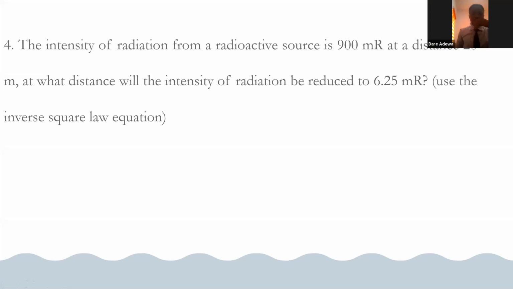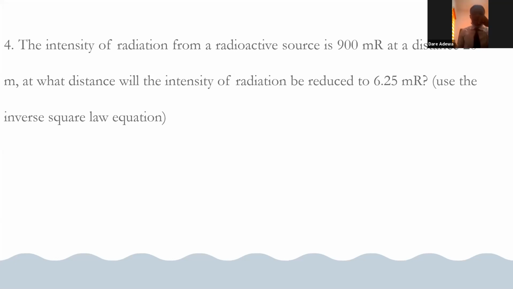We have just 30 seconds. 20 seconds. 900 milliroentgen is the first intensity.